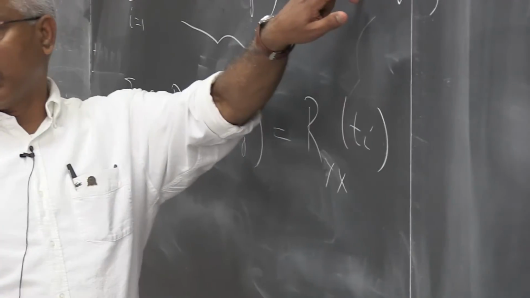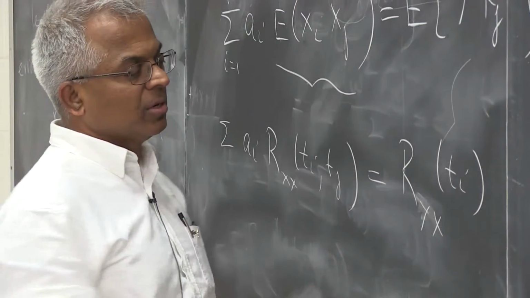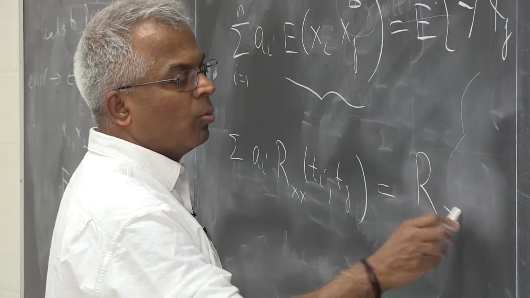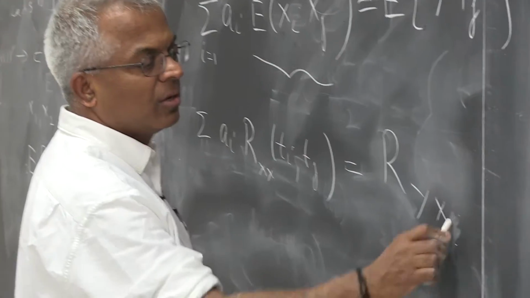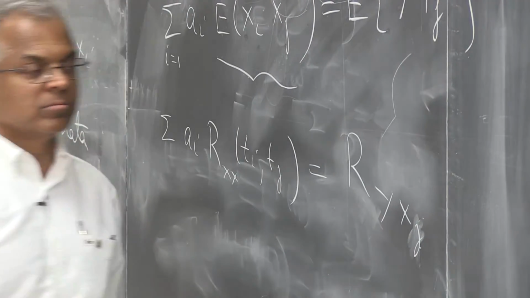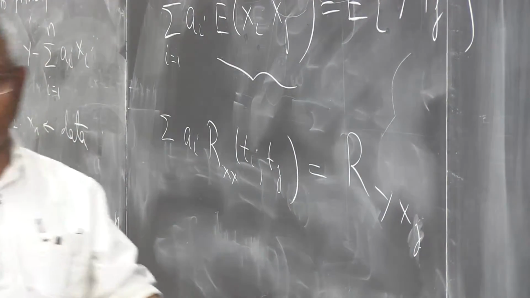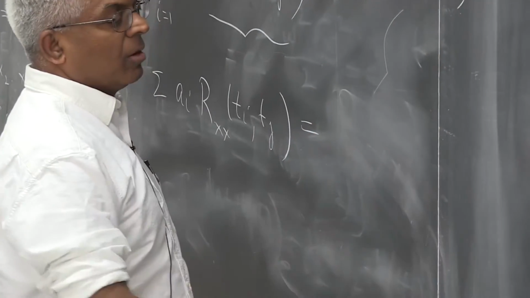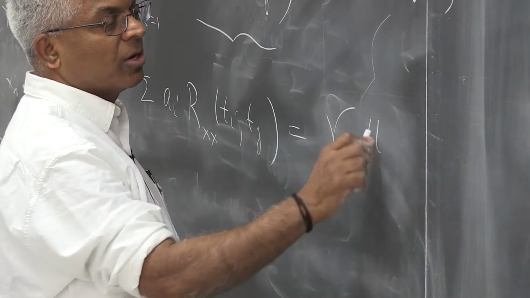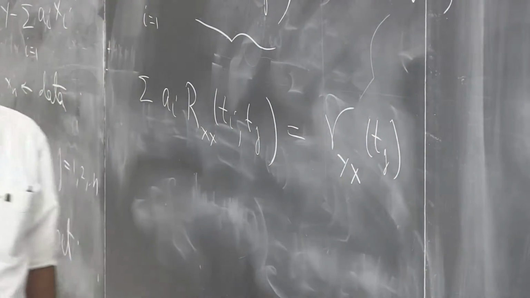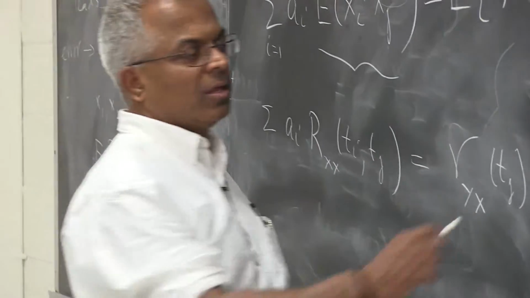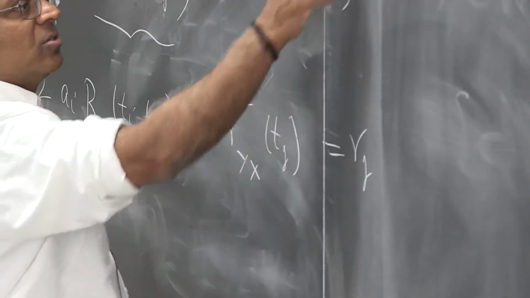I mean this itself could be x of t naught or something, but let me simply denote it as r_yx,j. Or if you don't want to use the r symbol, I'll use gamma, just a notation, yx but corresponding to time t_j, or gamma_j. If you want, you can also write this as gamma_j, it's just this quantity.